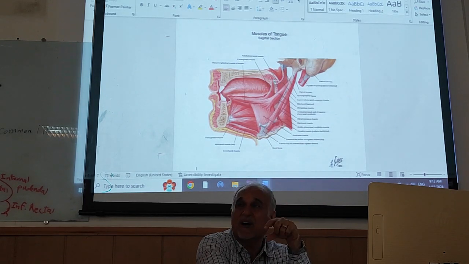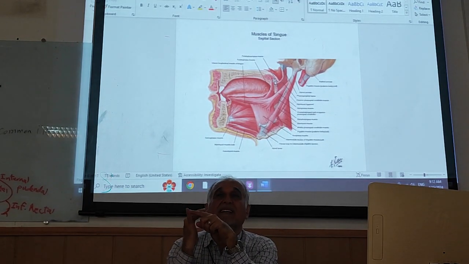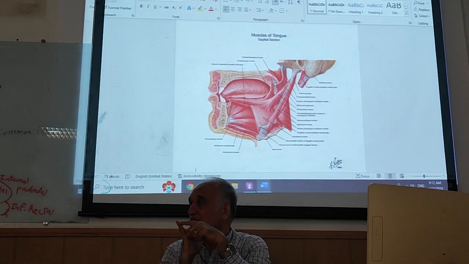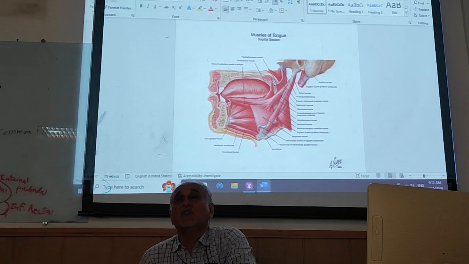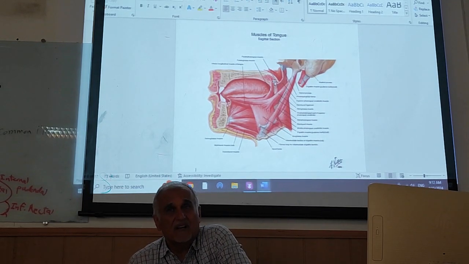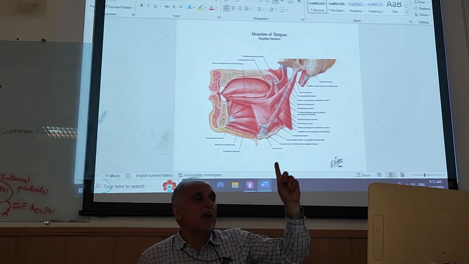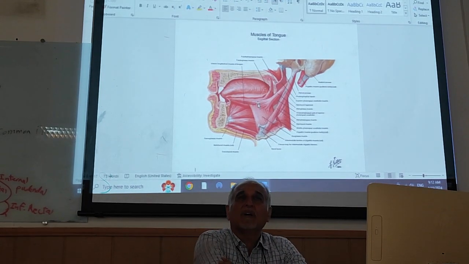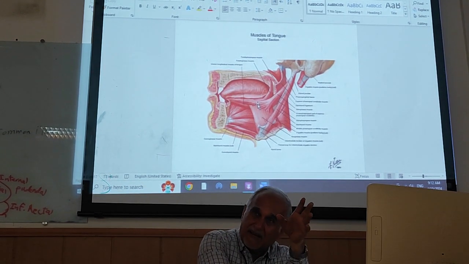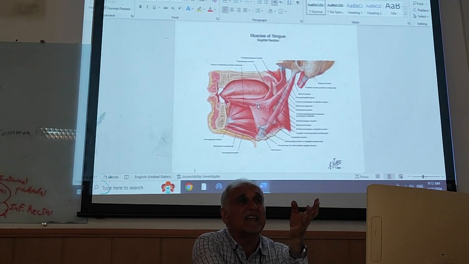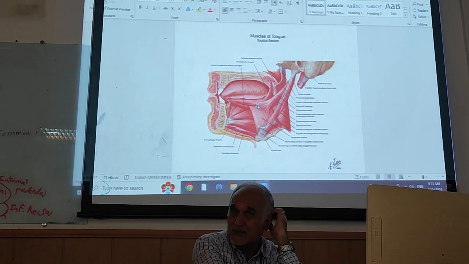Still, this palatoglossus takes part as a muscle for the soft palate, and here for the tongue. We say it belongs to the tongue. I told you all the muscles of the tongue are innervated by the hypoglossal nerve, except palatoglossus, because it's one muscle of the soft palate, and all the muscles of the soft palate are innervated by the vagus nerve, except the tensor veli palatini.